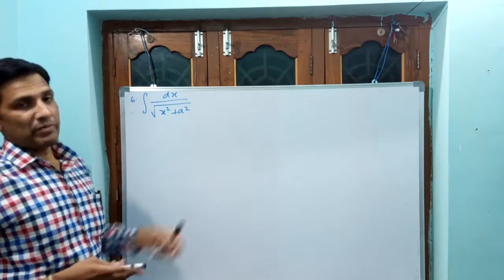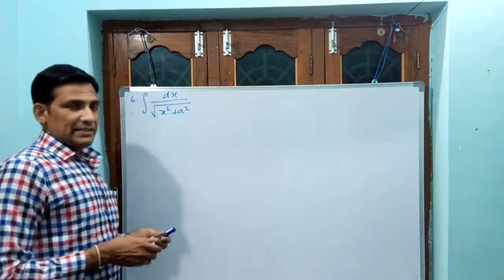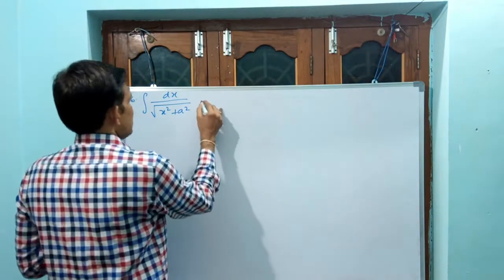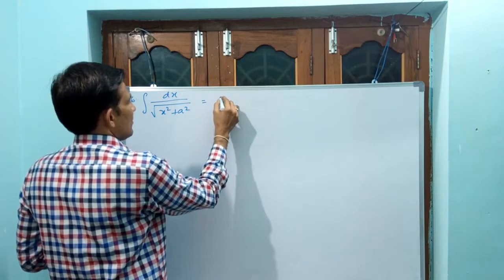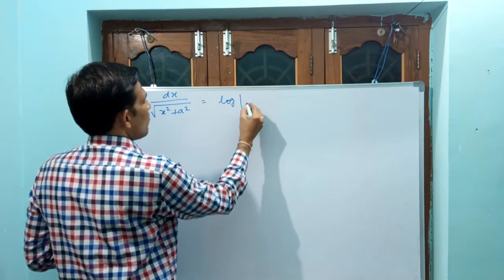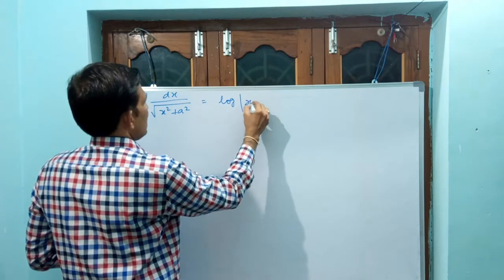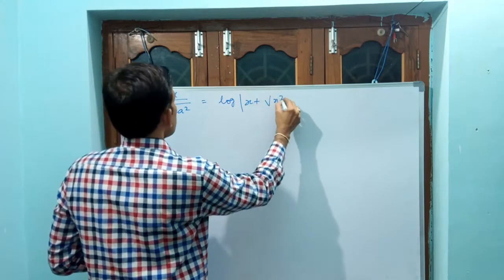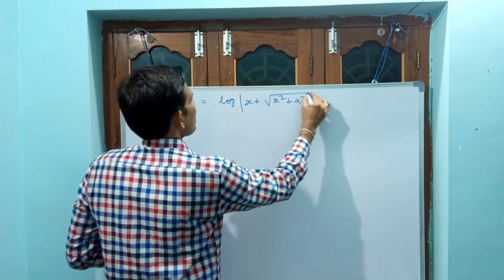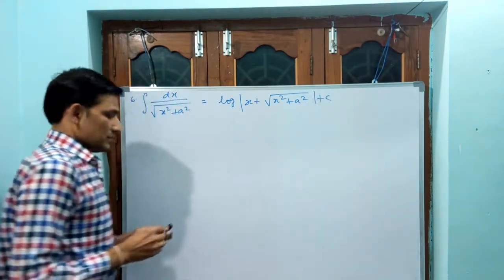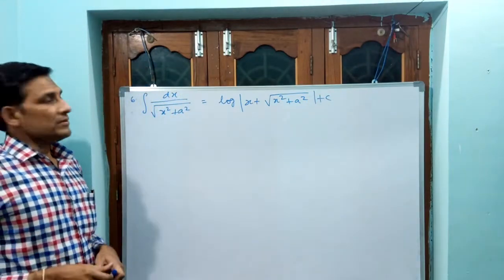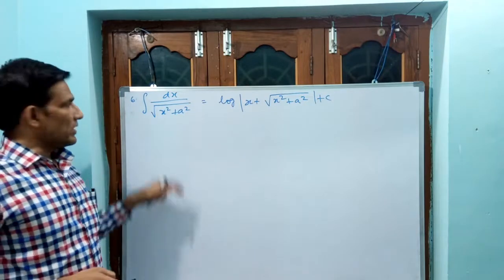Now we are seeing x square plus a square. For this the result is log of modulus x plus square root of x square plus a square, plus c. This will be the result you have to get.